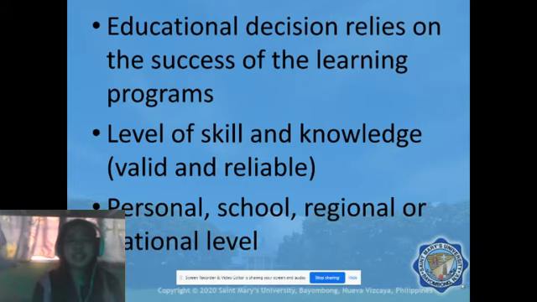And in the school, of course, the principal also have to know the performance of the different grade levels or in junior or senior high school levels for them also to give a feedback now to the regional or to the national levels on the assessment.